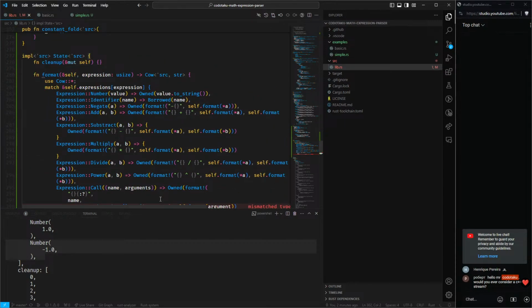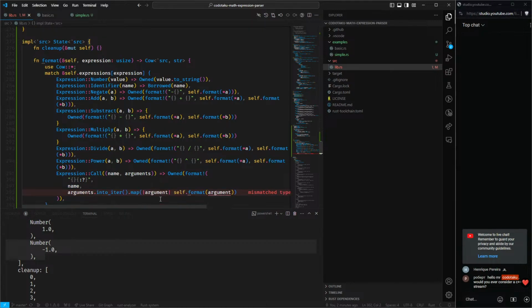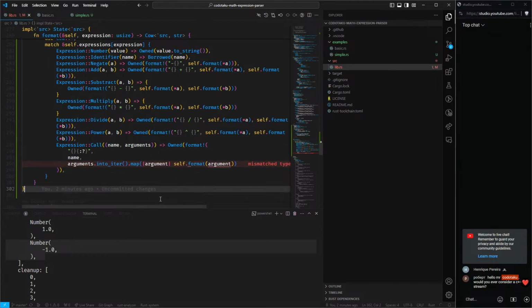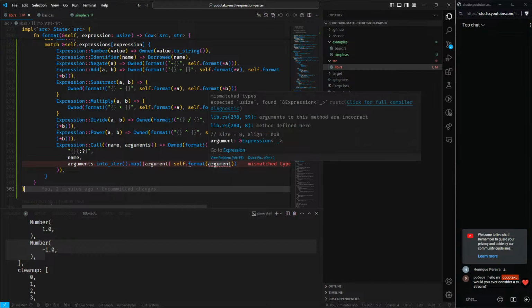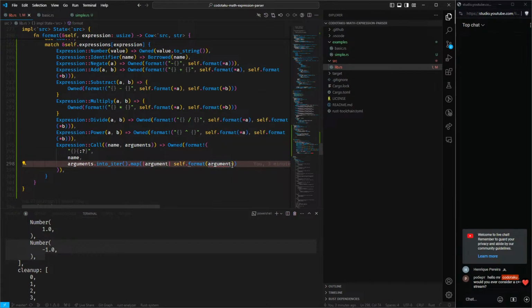So to use my format function right now, I have to allocate those expressions. Again? Yeah, that sucks. Okay, let's just do it as a temporary solution for now.